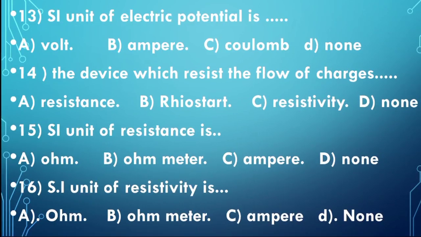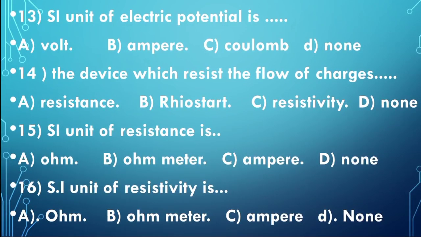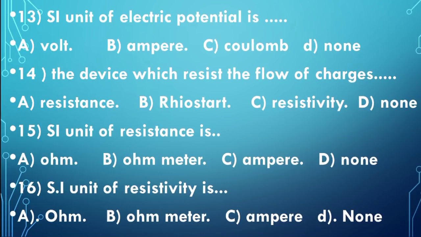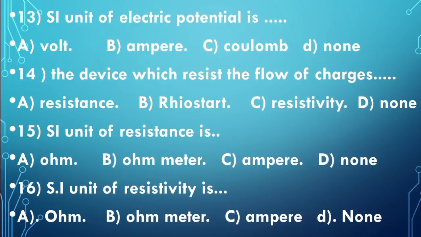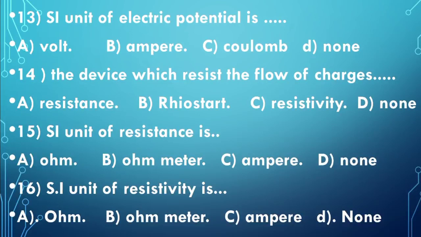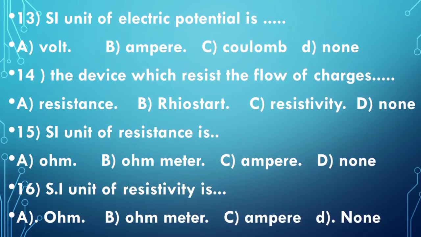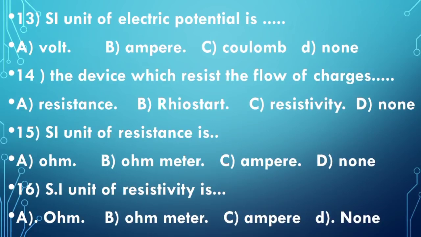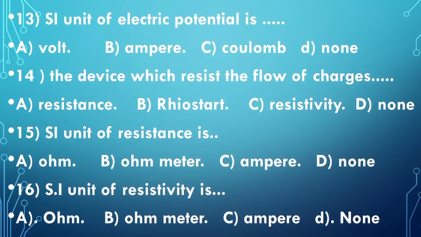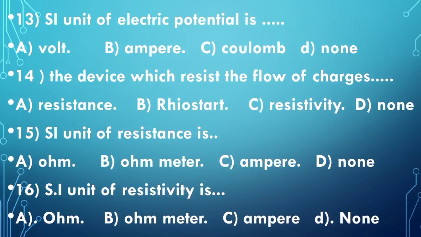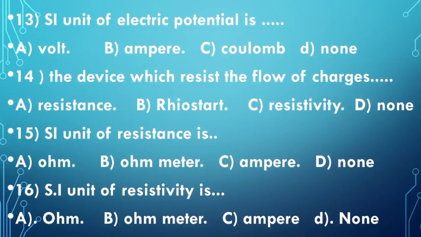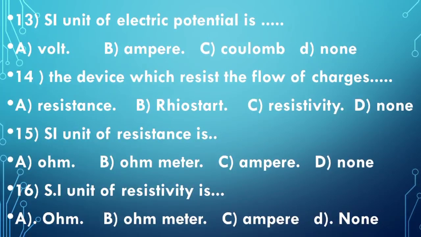Okay. So moving on to the next question. SI unit of resistance. There will be 4 options: ohm, ohmmeter, ampere and none. See, it's not an ampere. Okay, so it should be ohm or ohmmeter. I'll say the answer will be ohm.